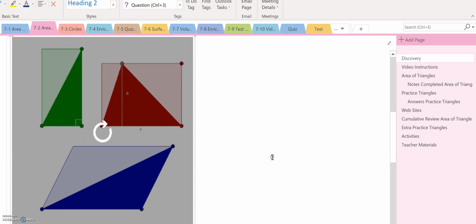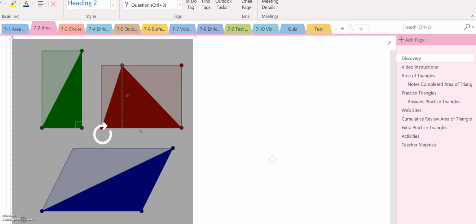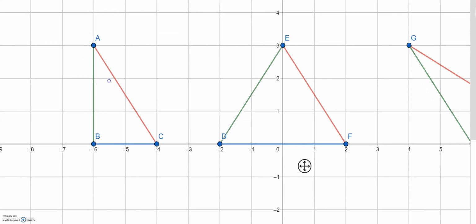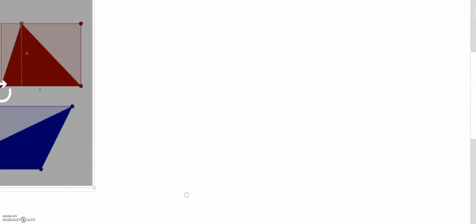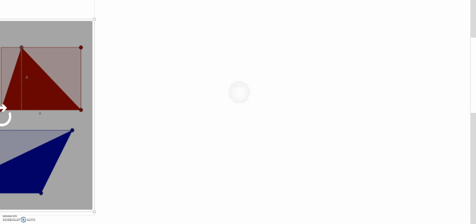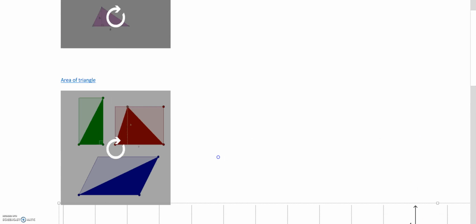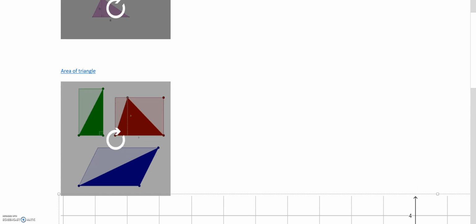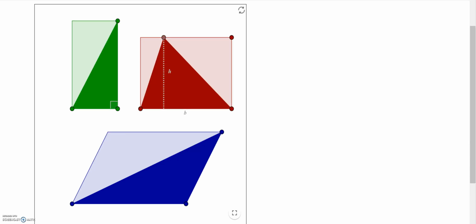Now, I want us to look at these pictures, because sometimes it's hard to find the base and height in triangles, because there are actually 3 pairs of bases and heights in triangles. In all 3 of these types of triangles, you can see how they are cut out of some type of parallelogram.